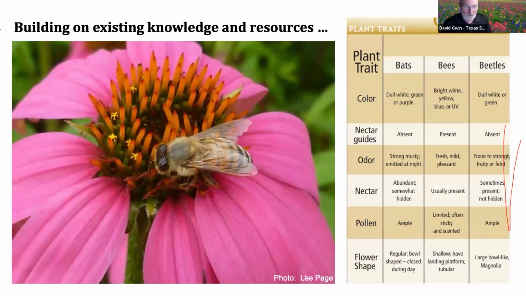I mentioned that we're trying to understand the mismatch. We already know a lot about what plants, particularly native plants, offer to the pollinators that visit them. This graphic shows you bats, bees, and beetles are large groups of organisms that are heavily involved in the pollination process. We know a lot about the color, the nectar, and what these individual groups are motivated by.